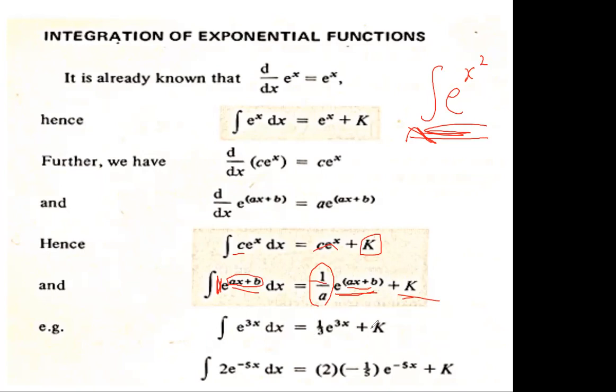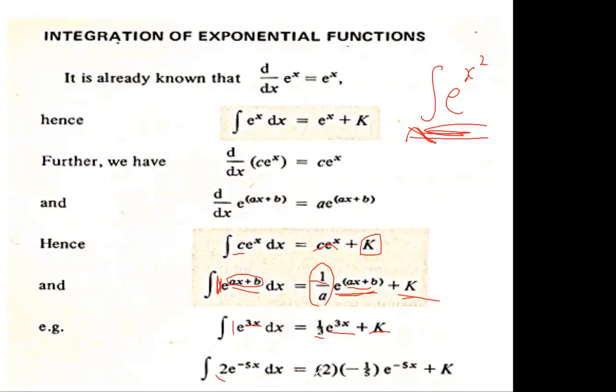And they give you some examples here. In this case, the number in front was 1. So 1 over the derivative of 3x, which is 3. Write back the function plus k. This one is nice because there's a number 2 in front, not 1. So you put 2.